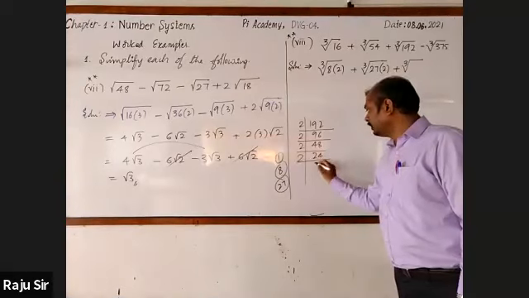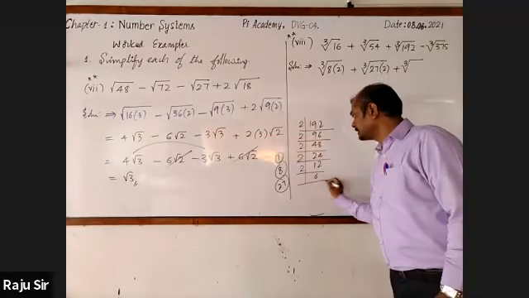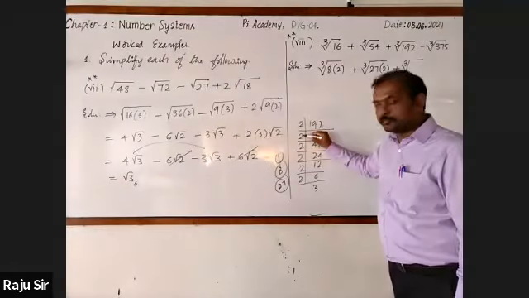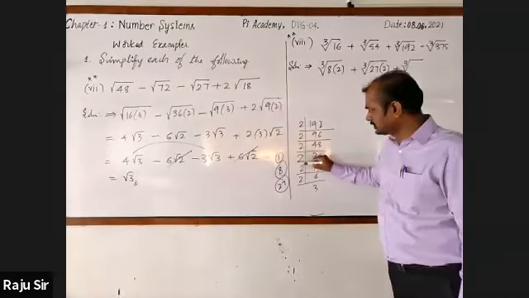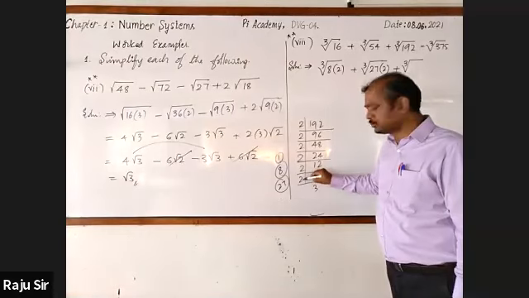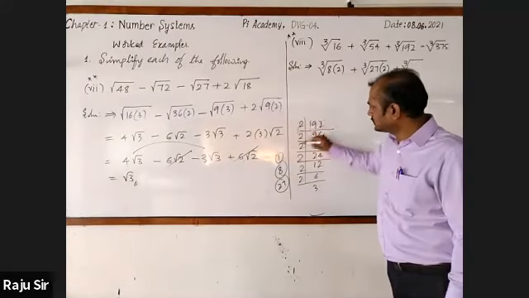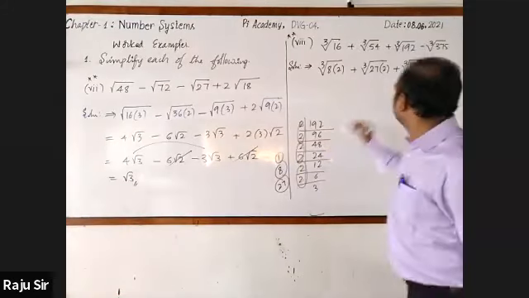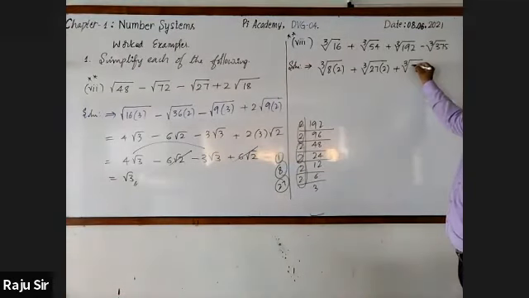Then 2 12s are 24, 2 6s are 12, 2 3s are 6. Observe. 2 2s are 4, 4 2s are 8, 8 2s are 16, 16 2s are 32, 32 2s are 64. It is a perfect cube. Now I write 192 as 64 threes are.